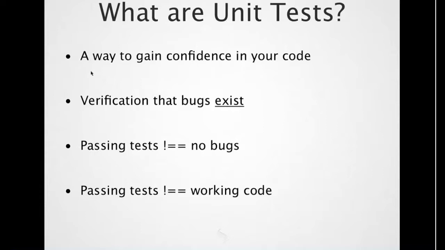If your tests pass, that doesn't mean your code doesn't have bugs. In a similar manner, just because you have passing tests doesn't mean that you have working code in your application. And these are some ideas that we're going to go into in more detail. Unit tests don't solve everything. They're not going to replace actual QA testing of your application. So that's just something you really need to keep in mind as we move forward in this presentation.